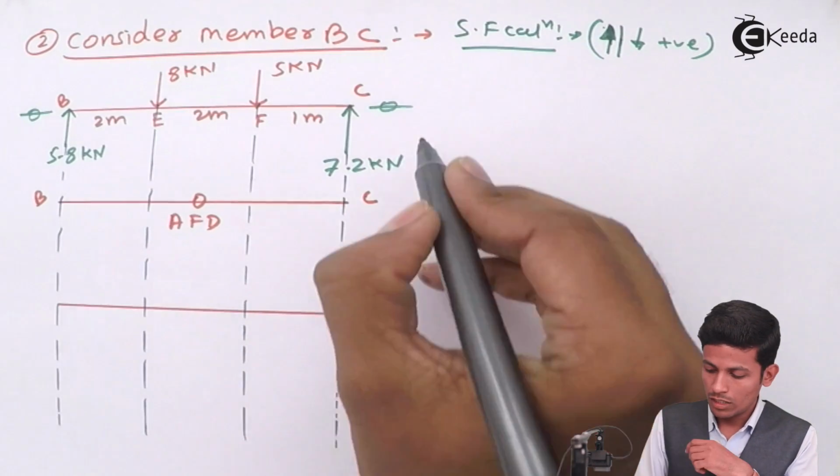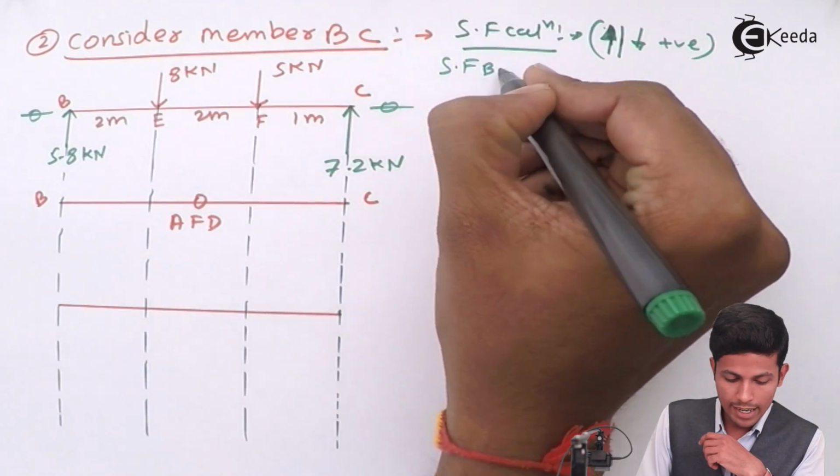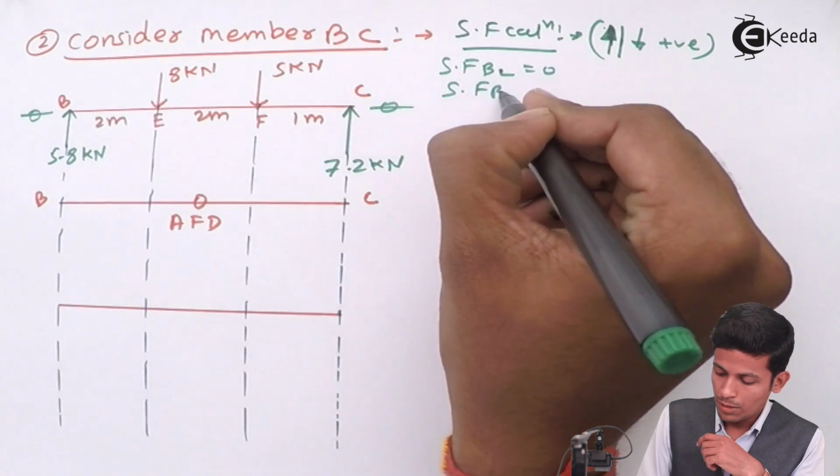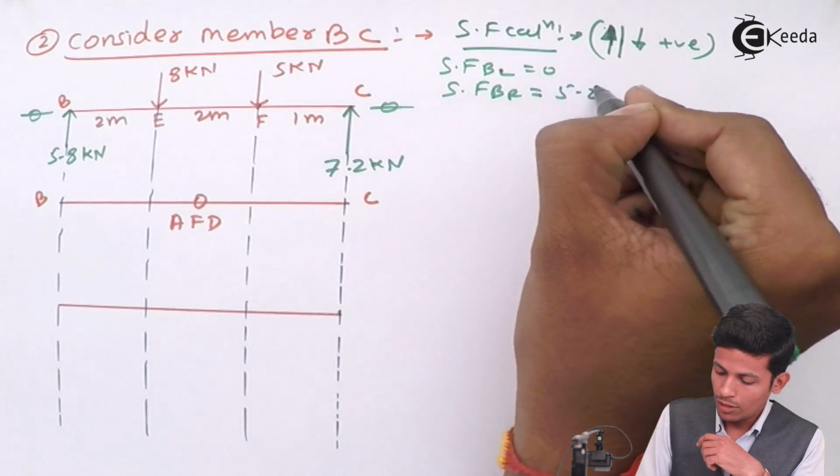Now see, shear force at B left is equal to 0, at B right it is equal to 5.8 kilonewton.